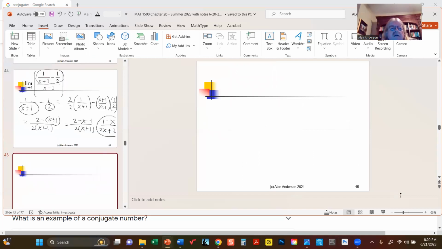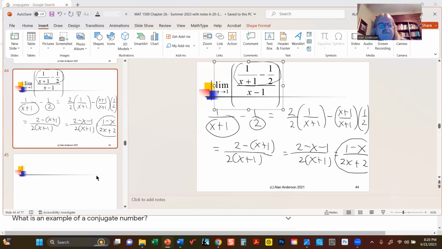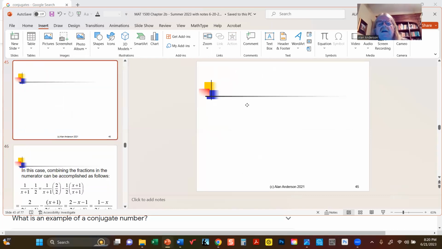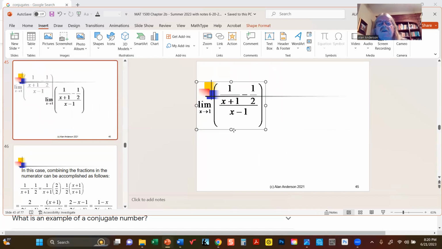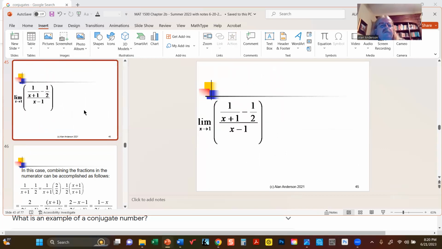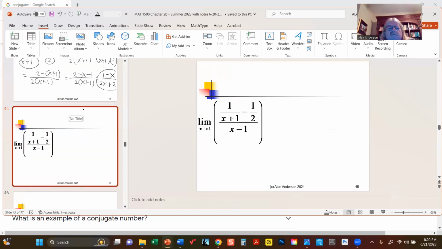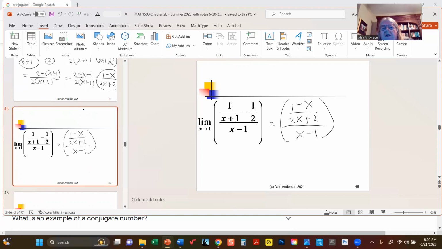So once again, I'll quickly remind you what the original function was. And then we'll write in there this expression we just developed for the numerator. All right, now we're going to have to get clever here.